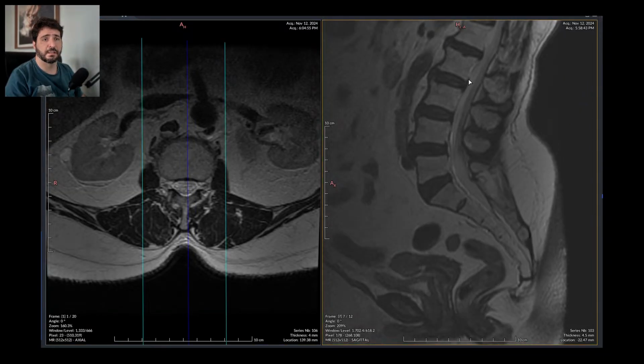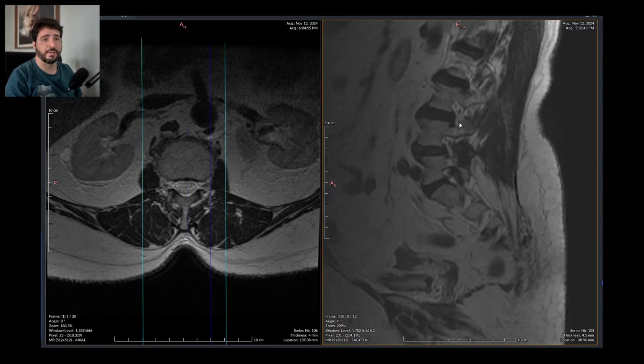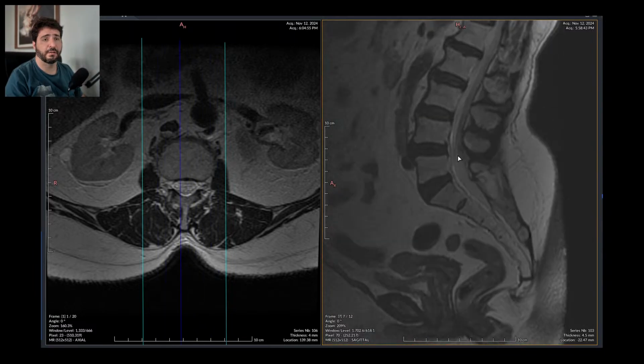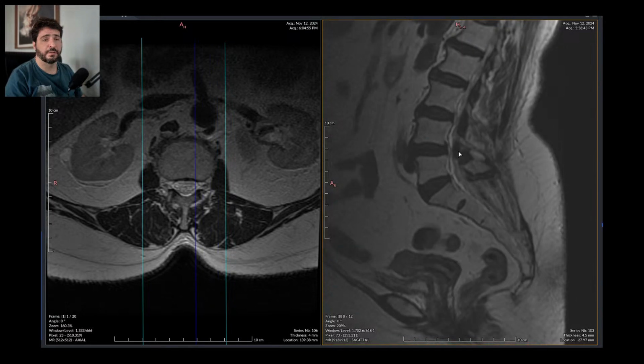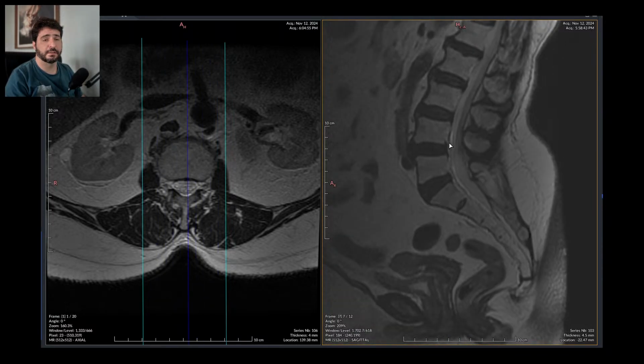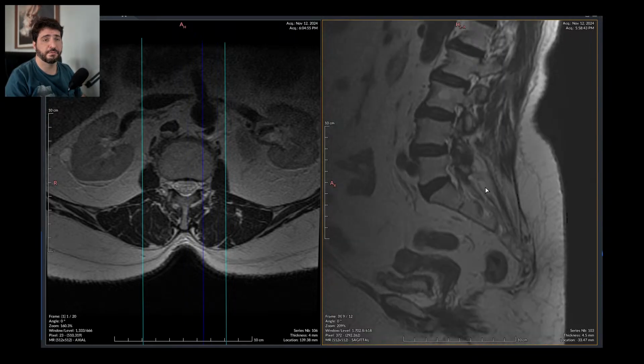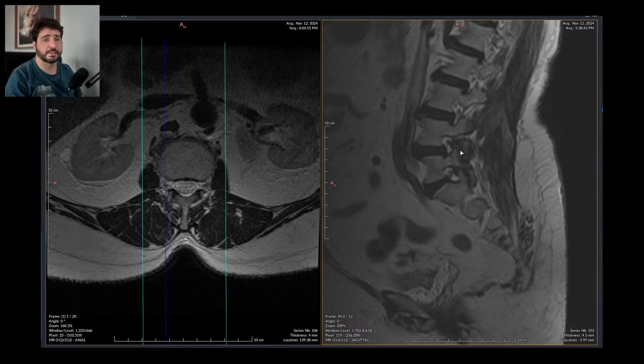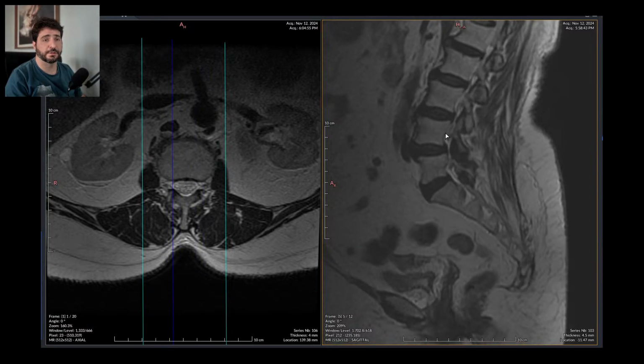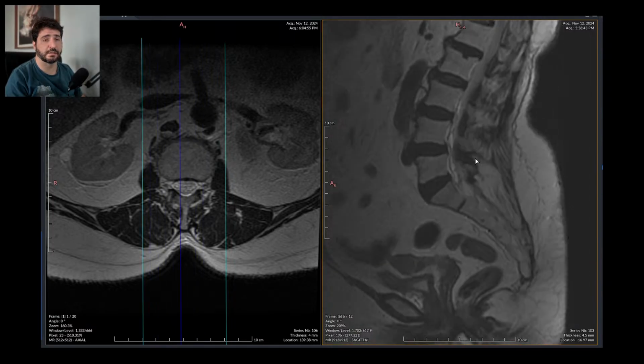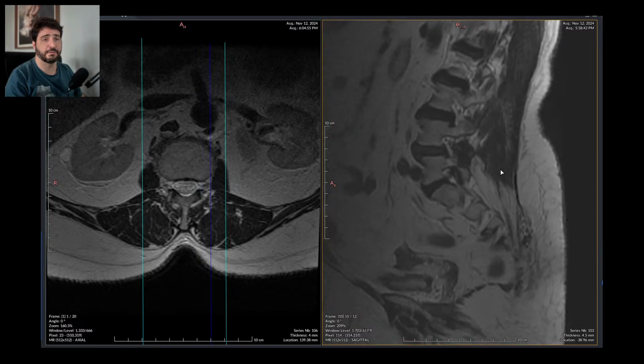I can say there is some protruded disc right there, maybe here and there, here and there also. There is a slight anterior dislocation of L4 compared to L5, because this is the worst side of facet joint arthrosis. So there is some kind of hypermobility here.